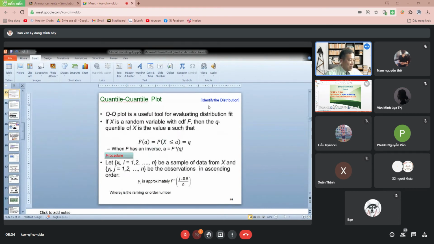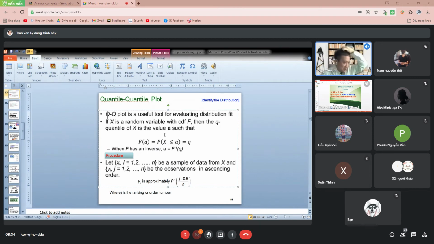So to identify the distribution, we use the quantile plot, Q-Q. In order to evaluate the distributions, whether it fits or not, the random variable X comes with the CDF. Then we can figure out the quantiles.